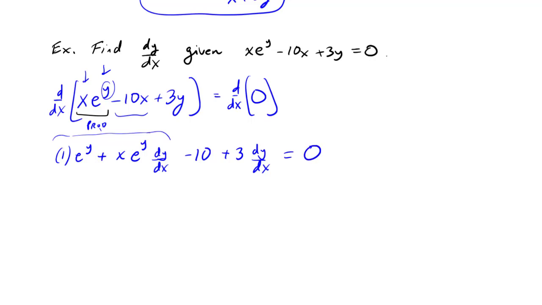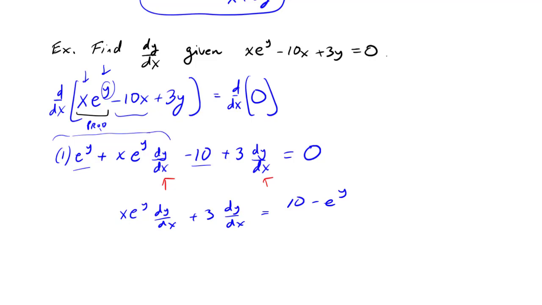And there we go. Once again, I have to just isolate the dy/dx term so that I can solve for it. All right, so I'll leave x e to the y dy/dx plus 3 dy/dx. On the other side, I have the 10 to move over, so I add 10 and subtract e to the y.